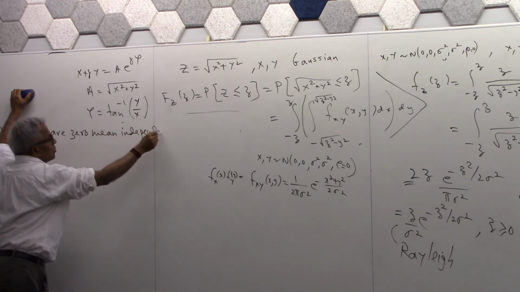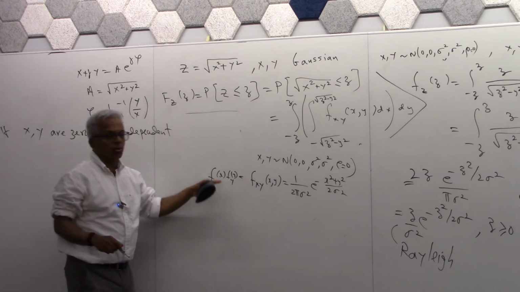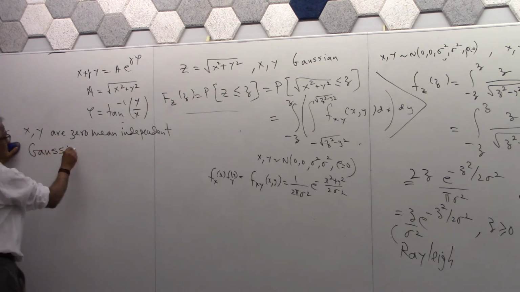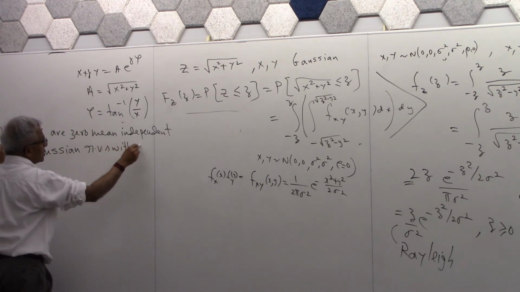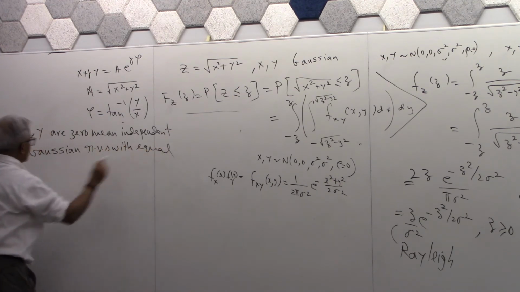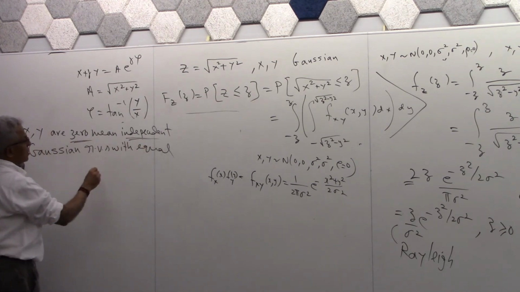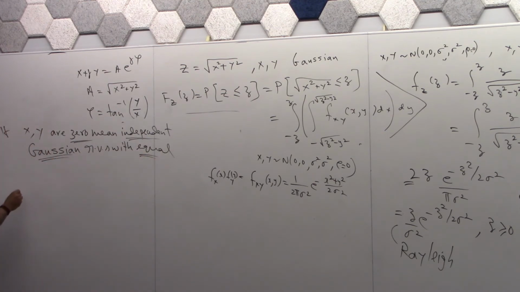So what we just proved is if x and y are 0 mean independent, because rho equal to 0, you get that formula. Gaussian random variables with equal variance. So look at the conditions. You need 0 mean, you need independence, you need equal variance, you need them to be Gaussian.